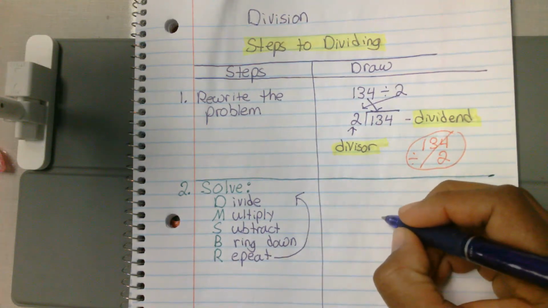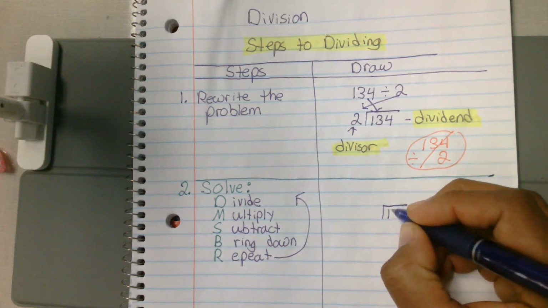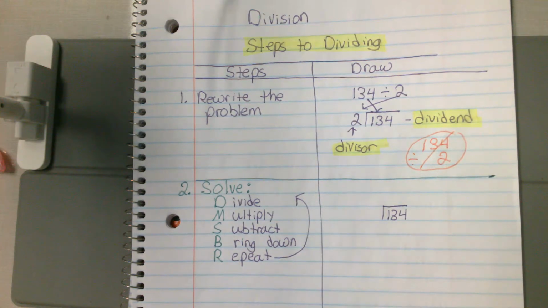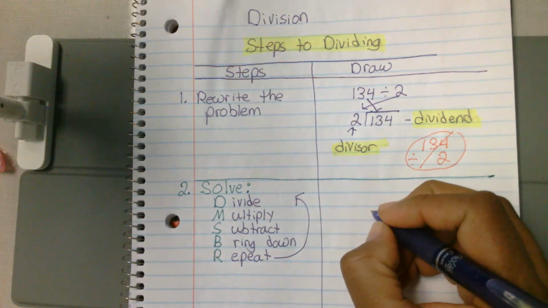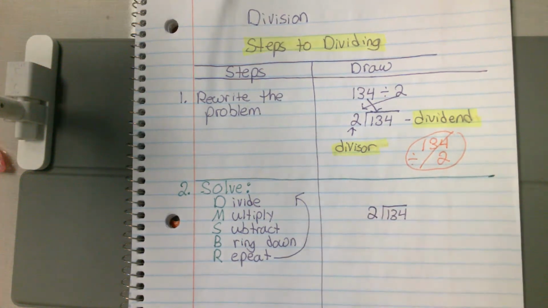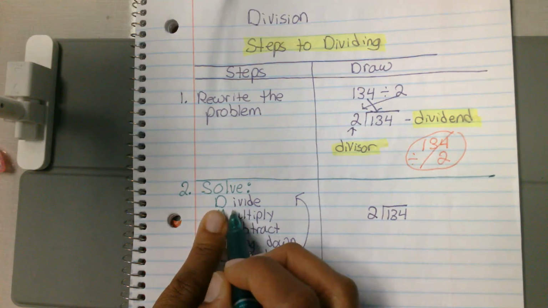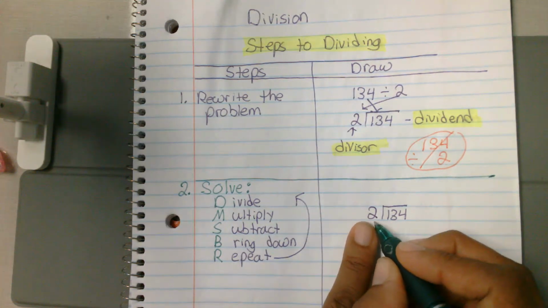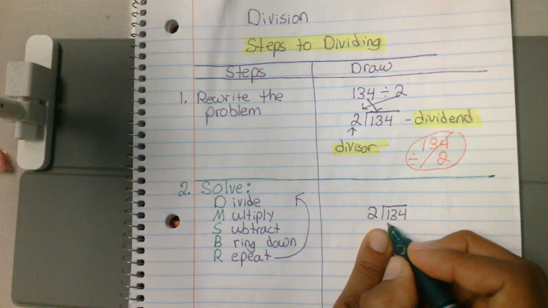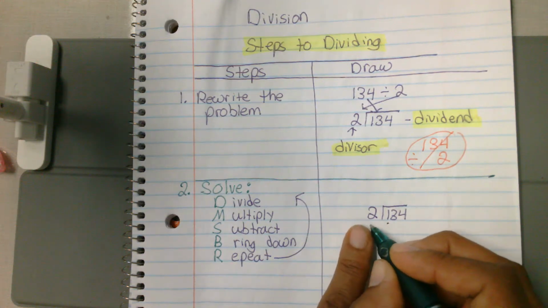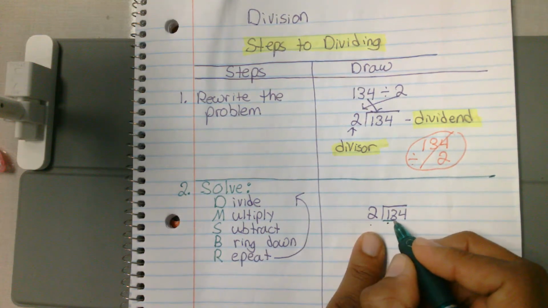I'm going to rewrite it again, 134 divided by 2. Now our first step is to divide. Can 2 go into 1, the first digit? It cannot. Can 2 go into 13?